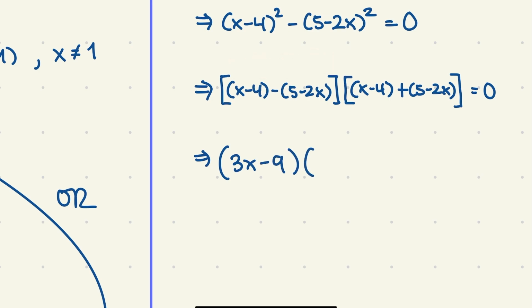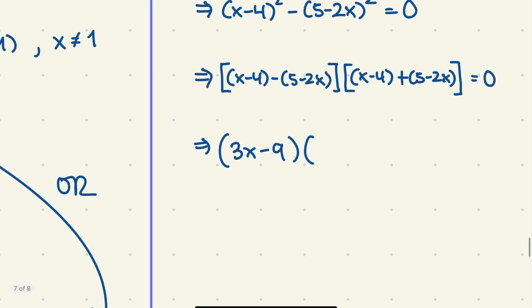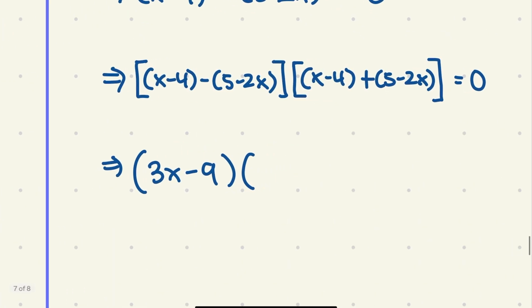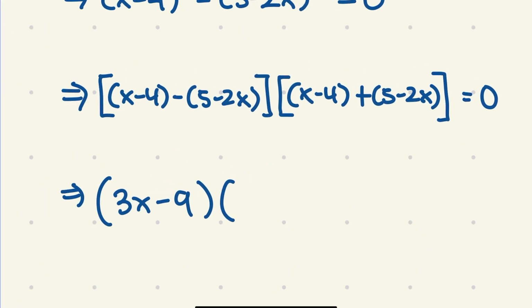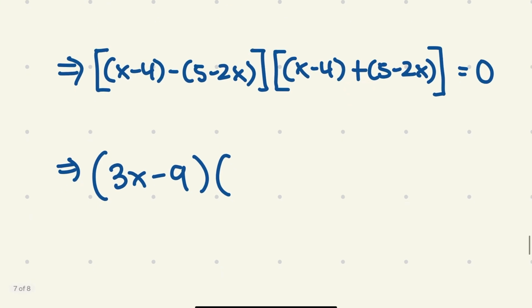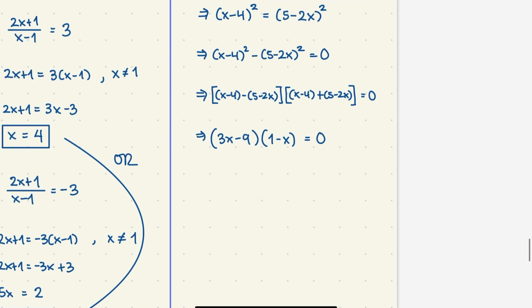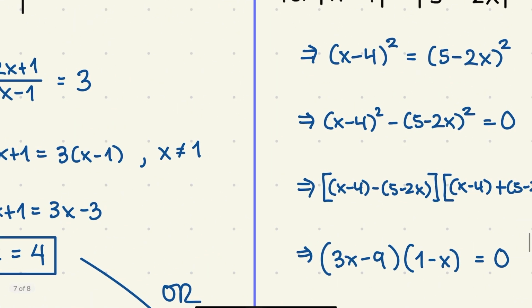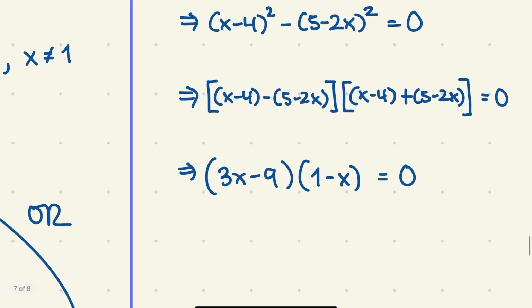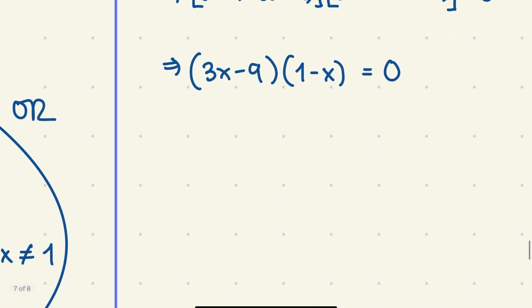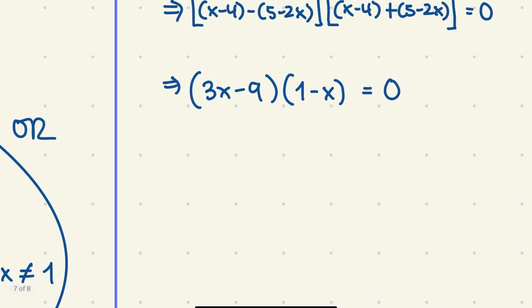Right? Yep. And then for this next one, we just combine what we can combine, and we'll be left with 1 minus x equal to 0. Okay, good. I think that one is correct.